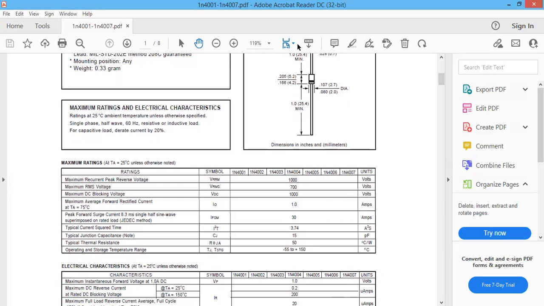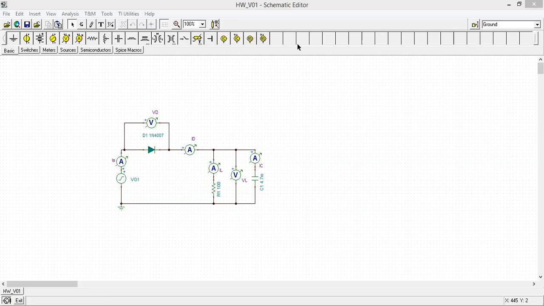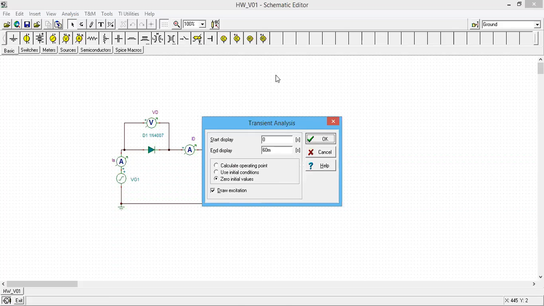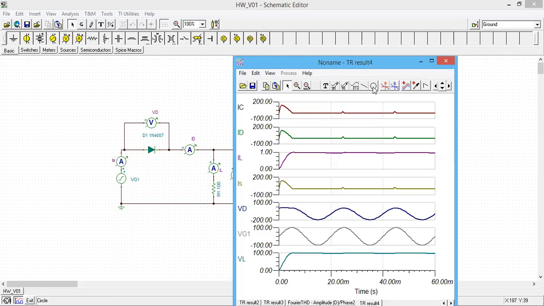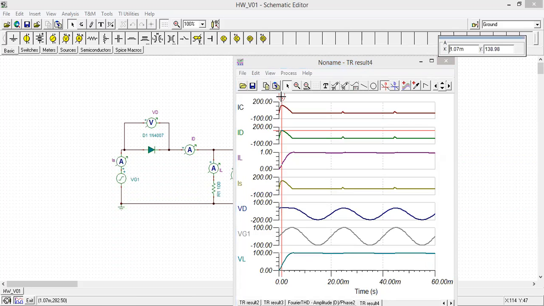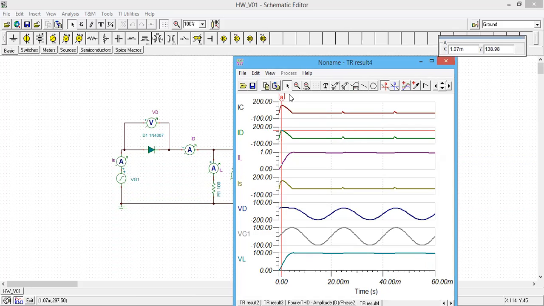So if we go look back, now we can see the diode current is around 138, and the datasheet said it should be lower than 30 amps, so the diode will fail.